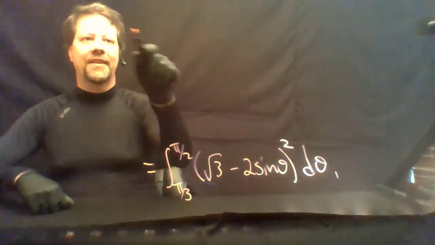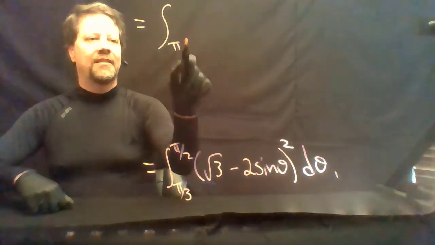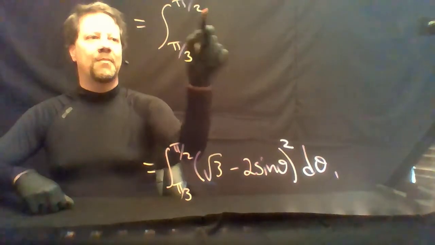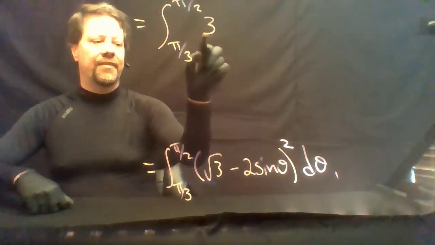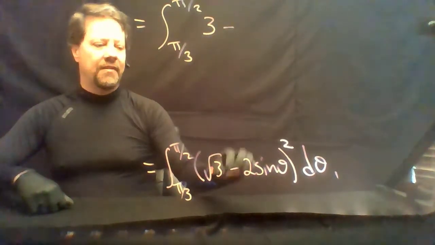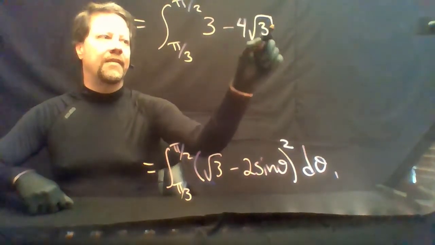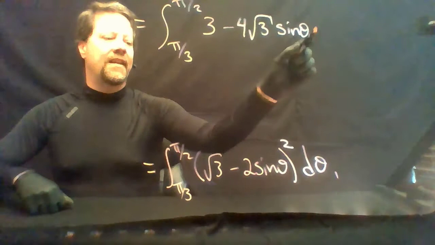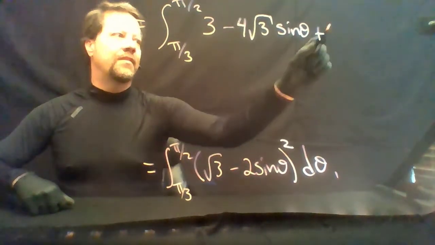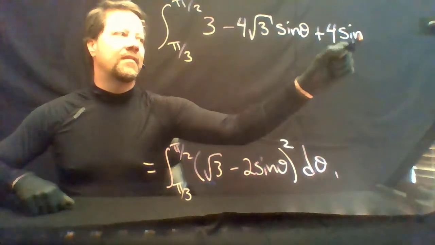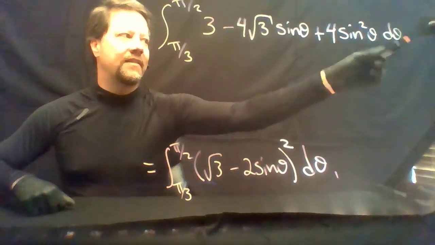Foiling out this perfect square, we have the integral from pi over 3 to pi over 2 of 3 minus first times last times 2. That's 4 root 3 sine theta plus 4 sine squared theta d theta.